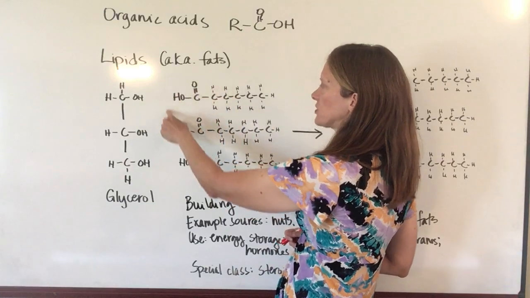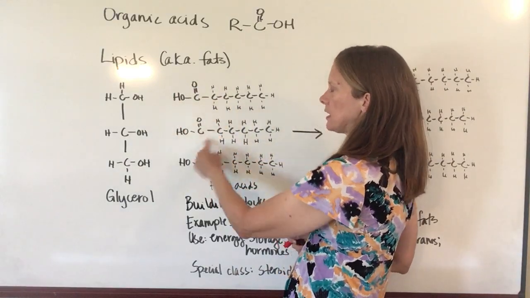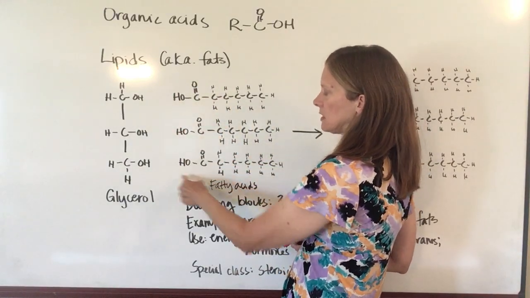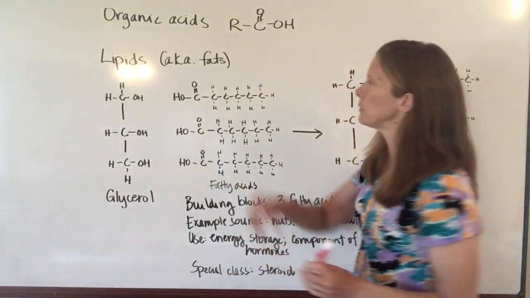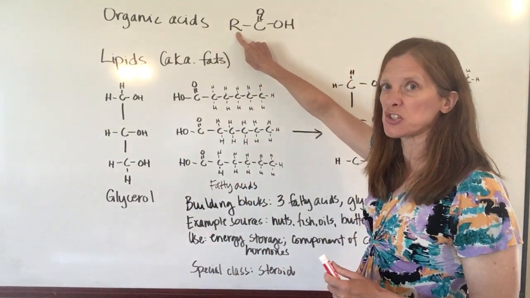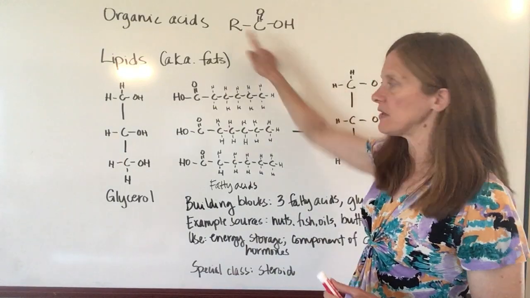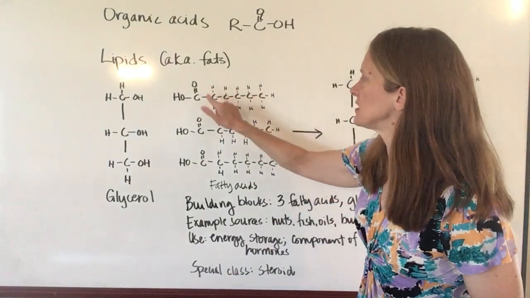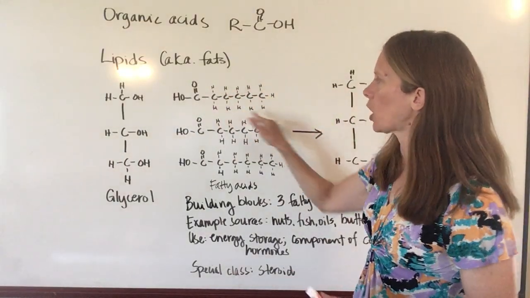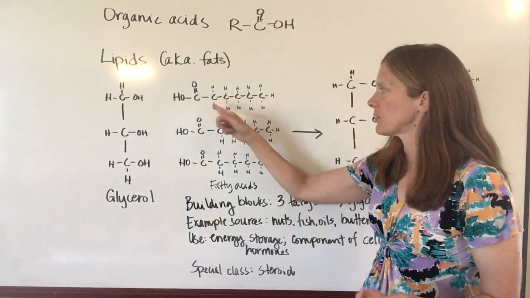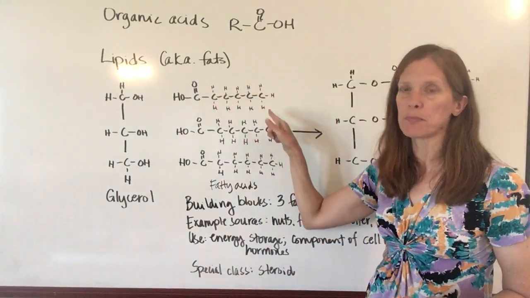So here is the acid group on the top molecule, here it is on the second one, and here it is on the third one. Remember, I told you the R group just stands for something else, and in this case the something else is this long string of carbon atoms.